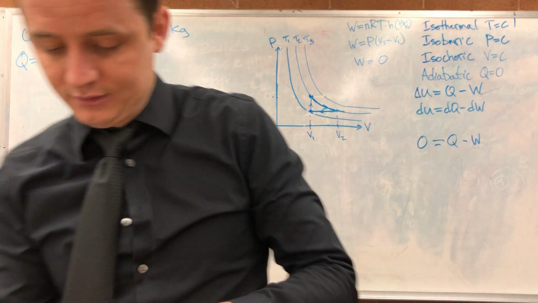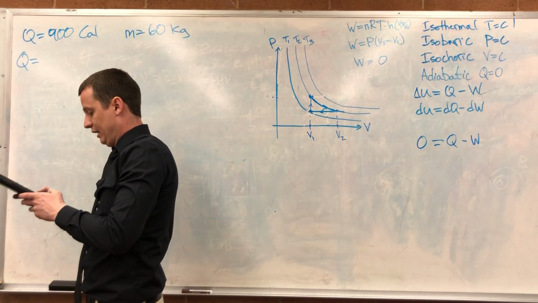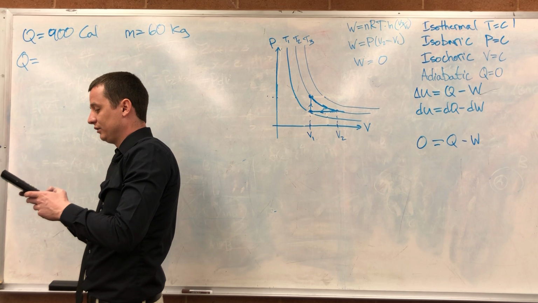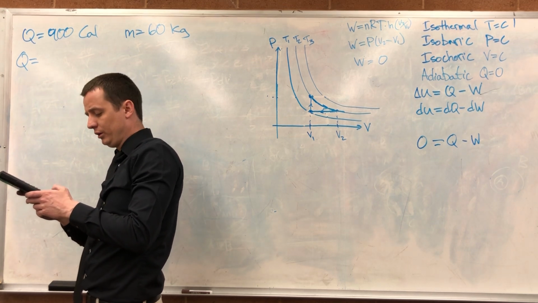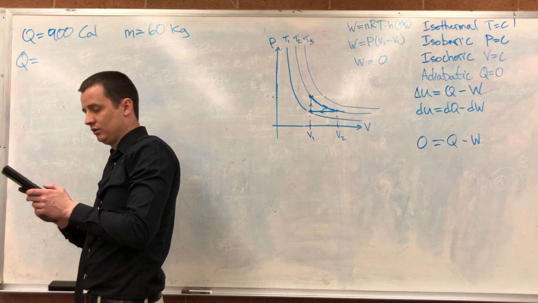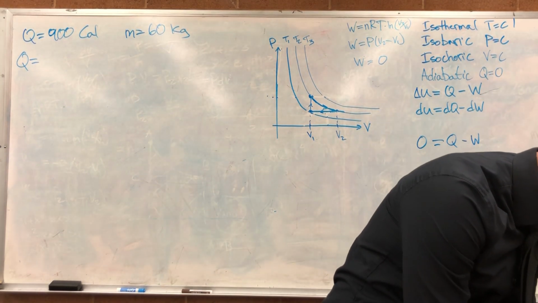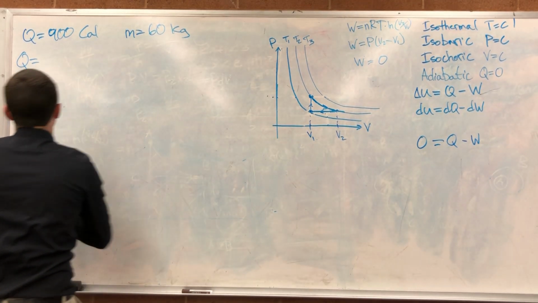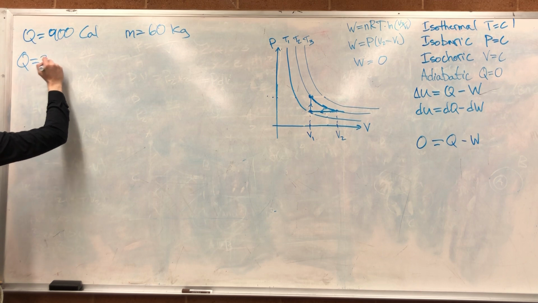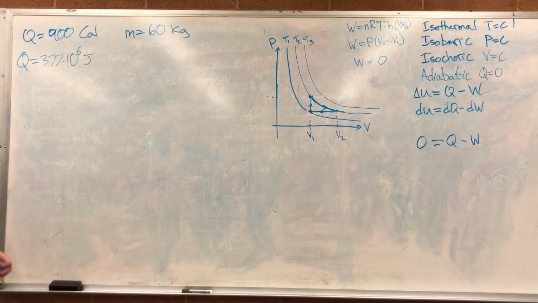So we have 900 times 1,000 calories times 4.186, and that gives us 3.77 times 10 to the 6 joules of energy that you now have available to you.